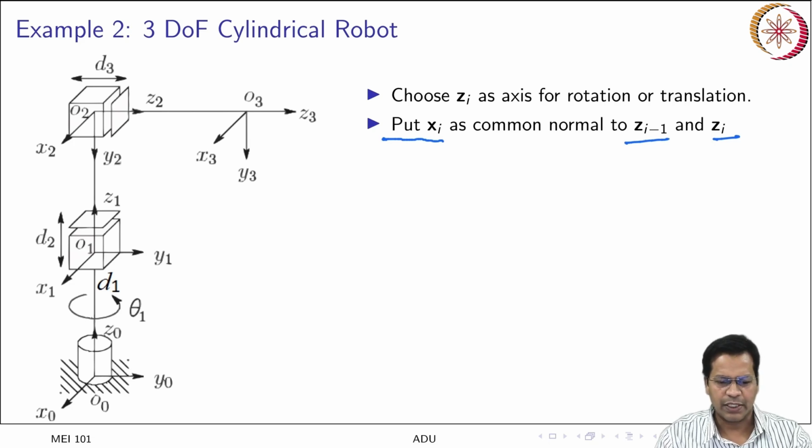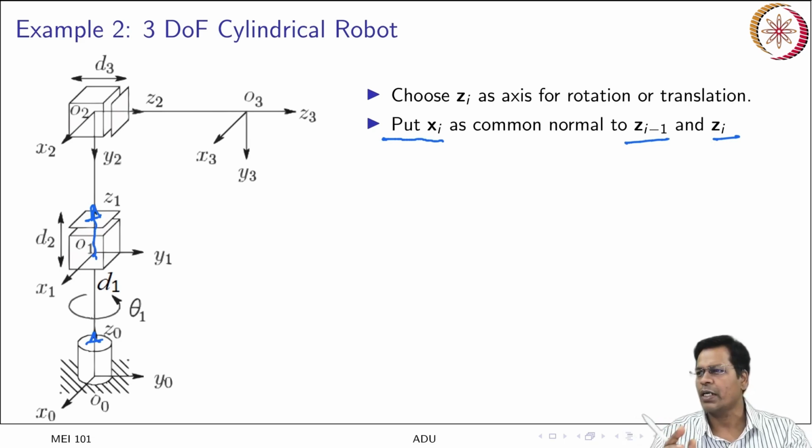Let us look at the first link, which rotates about the ground. Z0 and z1 are here, and there is no distance between them, both axes are along the same axis. You can draw a common normal anyway, so it is convenient to put the common normal in the original direction where your x0 is.